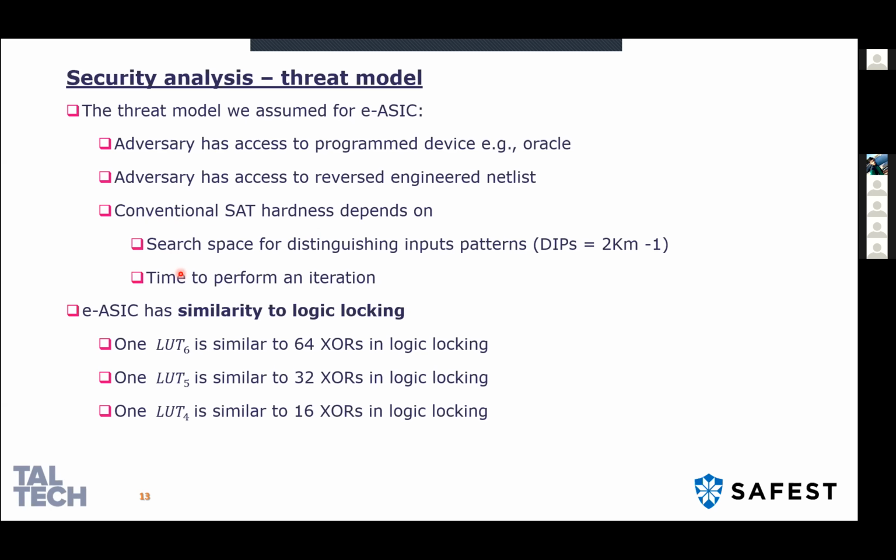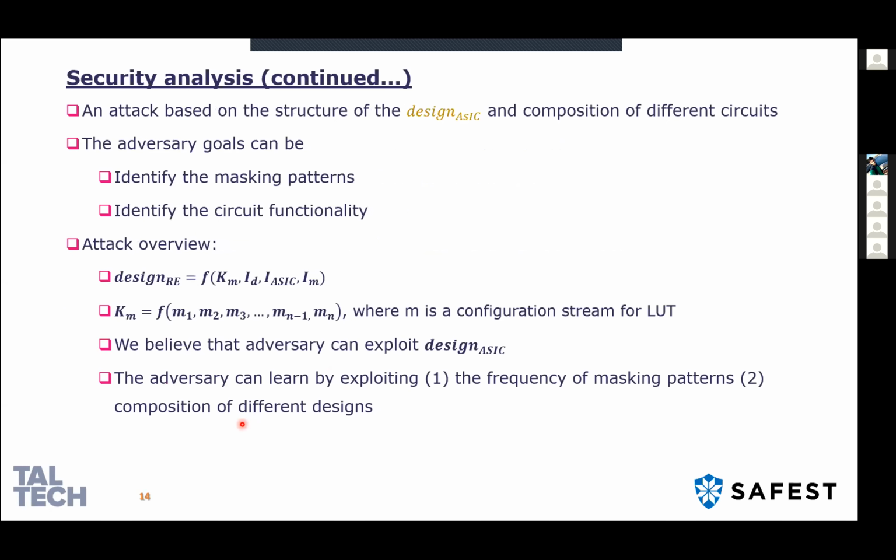For example, one barrier, let's say LUT 6, is similar to 64 XOR gates in logic locking. In the same way, LUT 5 is similar to 32 XORs, and LUT 4 is similar to 16 XOR gates in logic locking consequently.